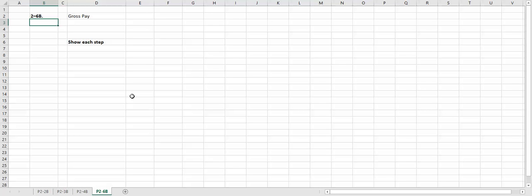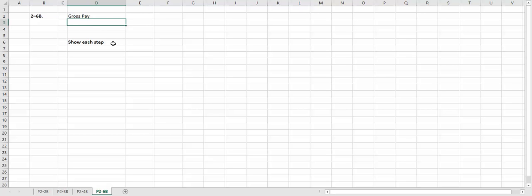He works 9 hours both Thursday and Friday, and his annual salary is $77,000, and he's paid weekly for 5 days. So we need to figure out how much he has earned for the 2 days he worked. Since it is a salary employee, it does not matter how many hours per day he works. So do not calculate a per hour rate. We're trying to figure out a per day rate.